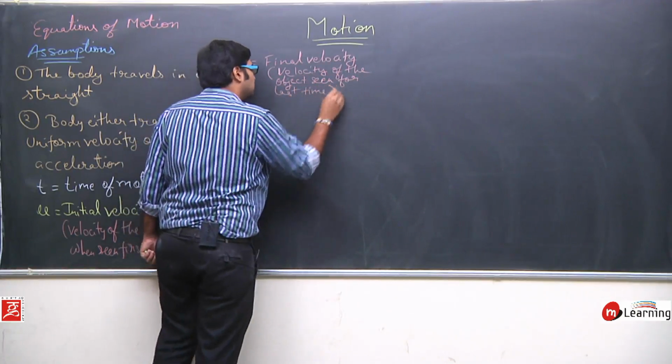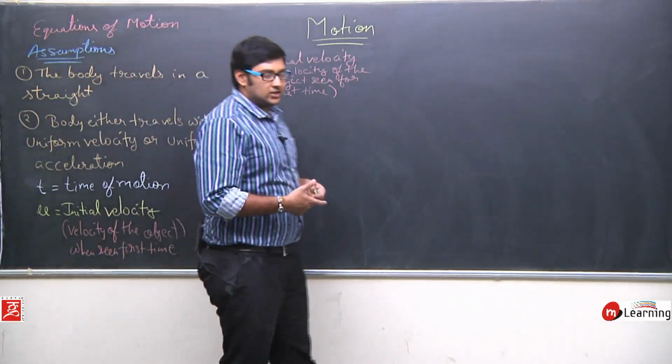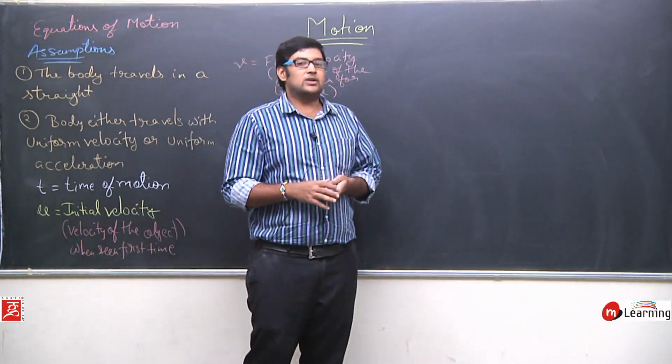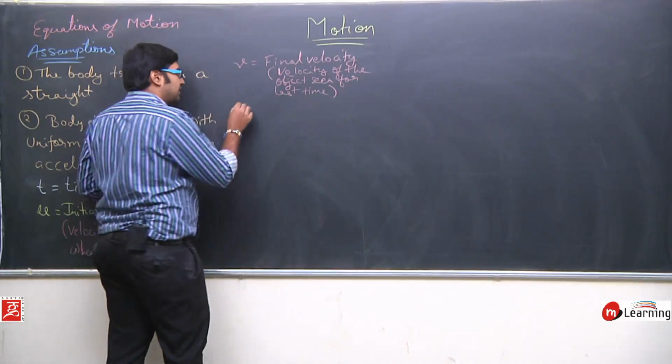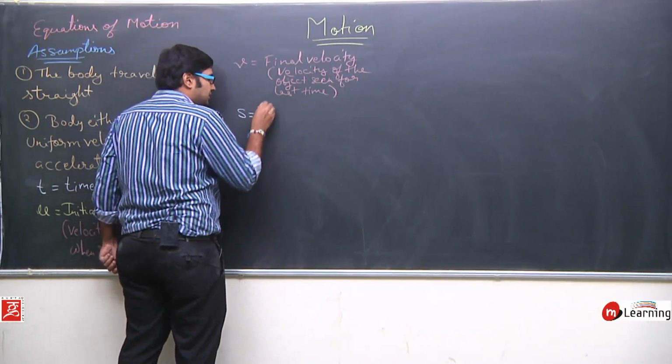The last time at which you observed the object, the velocity of the object at that point of time will be known as the final velocity. Similarly, we have another quantity s. s represents the displacement.